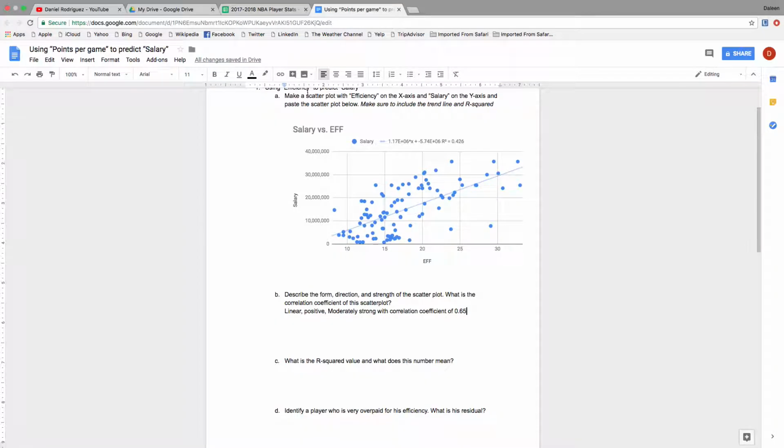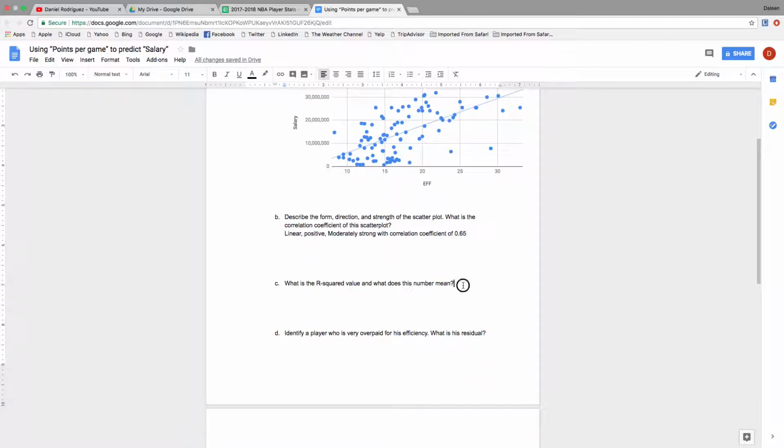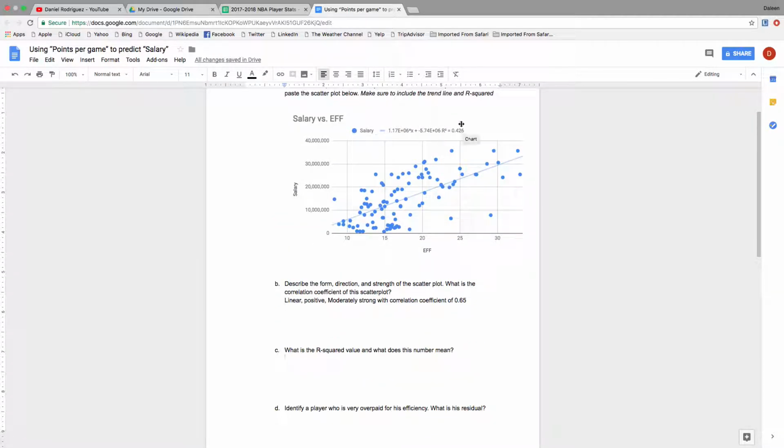All right, so I'm going back. Describe the form, direction, strength. We've done that. Form is linear, direction is positive, strength is moderately strong with a correlation coefficient of 0.65. What is the r squared value, and what does this number mean? So r squared is up here in our scatter plot.